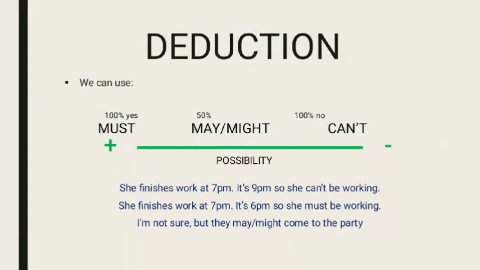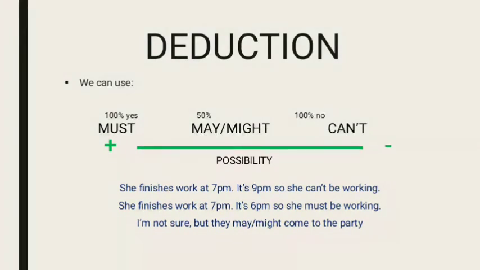These three words are showing the possibility atau kemungkinan. If we say can't, it means 100% no. If we say may or might, it means 50% yes or 50% no. And then the last one, if you say must, it means 100% yes.